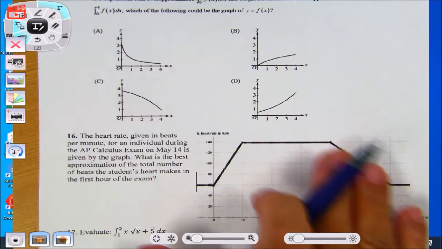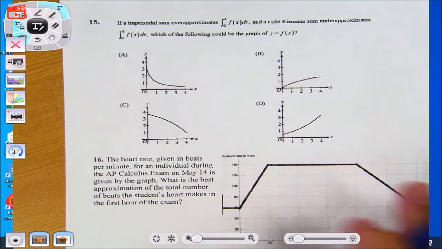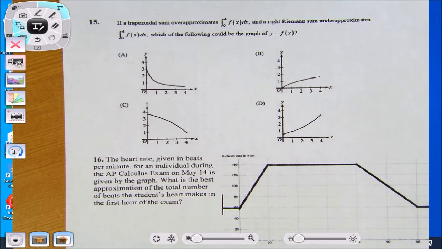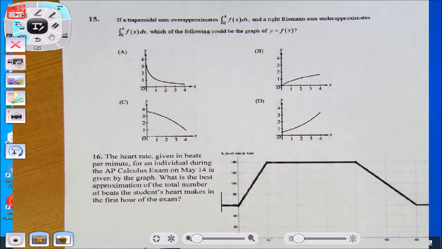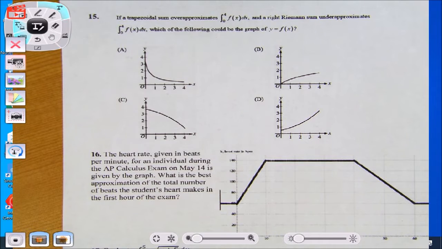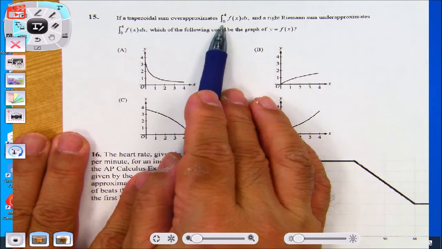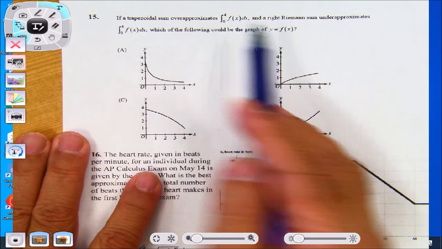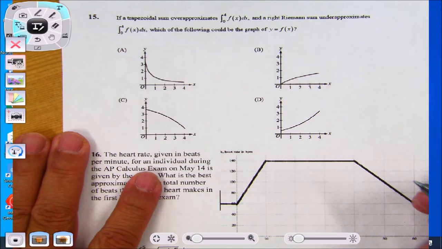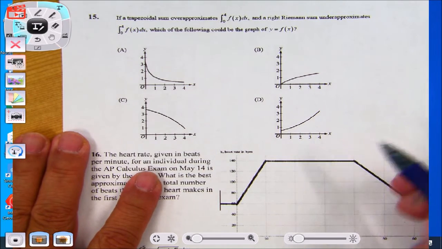Alright, number 15. Here's how I suggest, because I can just give you a rule, or you can just set up the problem. It says, if a trapezoidal sum is an over approximation. So draw the part of the trapezoid that would be part of the graph.